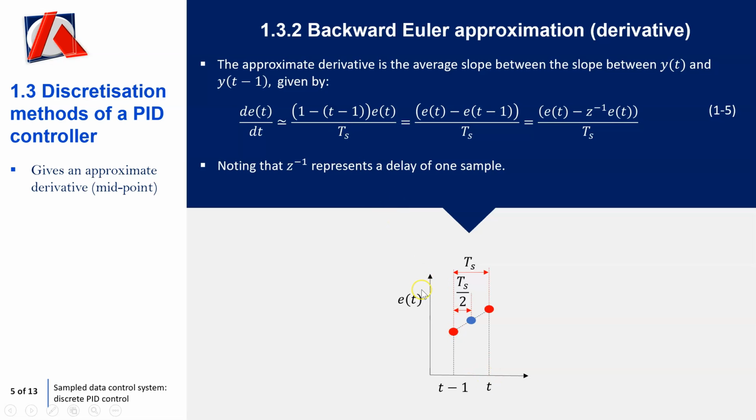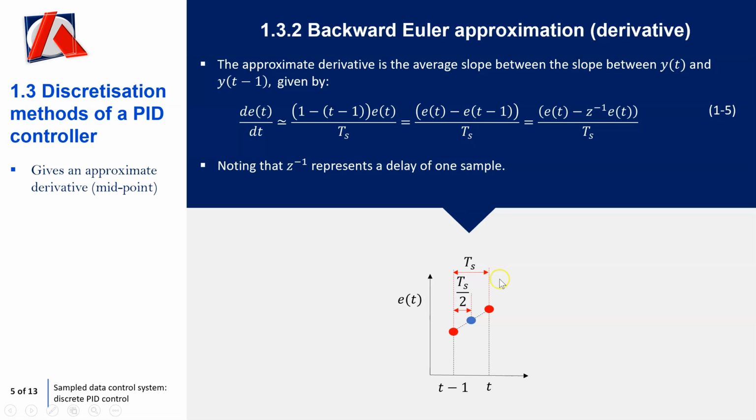Looking at this graph, we've got e of t multiplied by 1, which gives e of t, that sample point there, minus e of t minus 1, which is at that sample point there, and then divide by Ts.